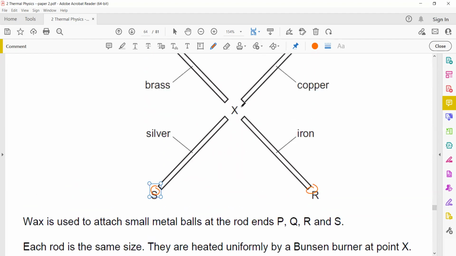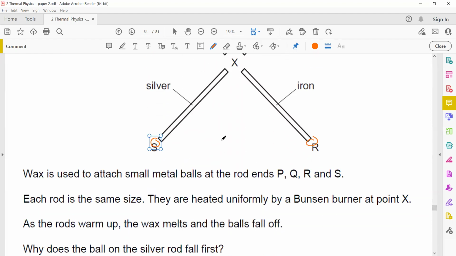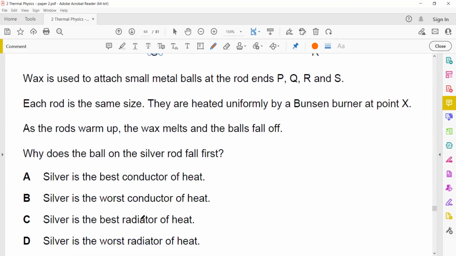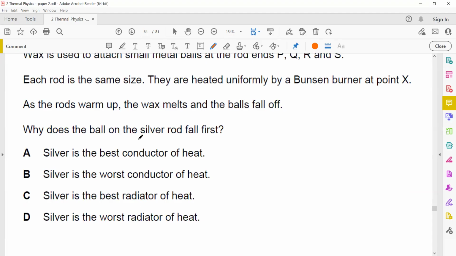When we heat the 4 rods from the point X, as the rods warm up, the wax melts and the ball falls off. Why does the ball on the silver rod fall first? Because silver is the best conductor of heat. So we'll choose A.